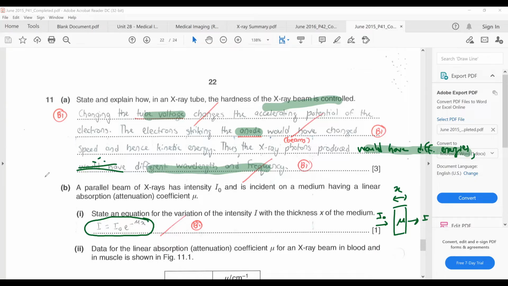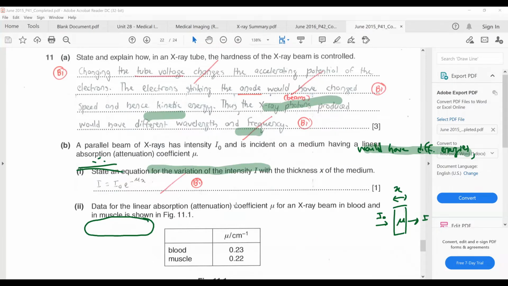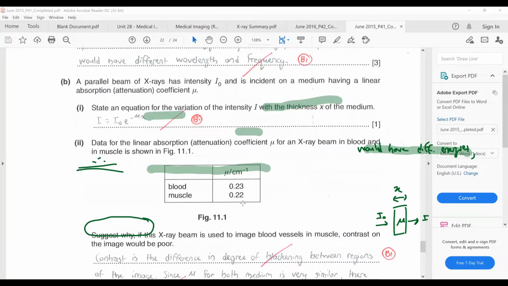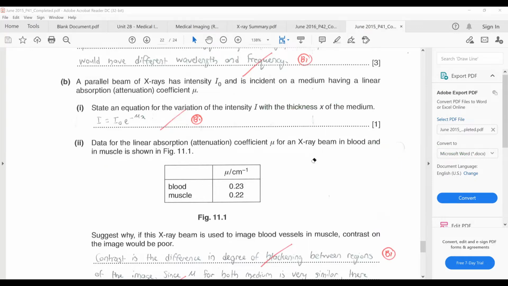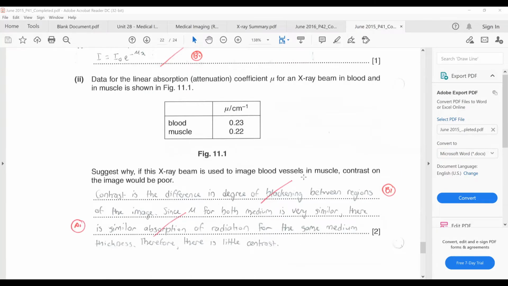Then I move on to the one at the bottom. Now they tell you that data for linear absorption coefficient mu for X-rays in blood and muscle are shown. They ask why, if the X-ray beam is used to image blood vessels in muscle, contrast on the image would be poor. You know that contrast is the difference in the degree of blackening between the regions of the image.